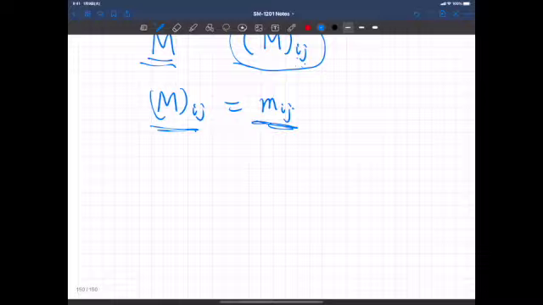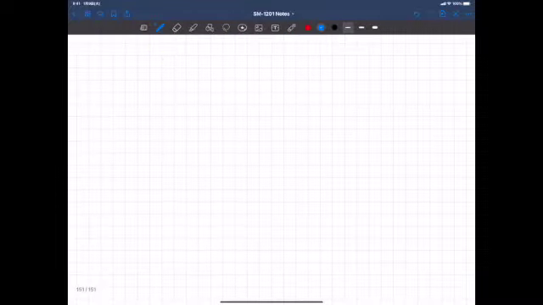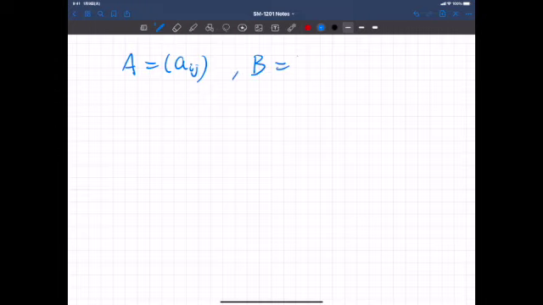Now let us define matrix addition. So suppose we have two matrices, A, which is Aij, and B, which is Bij. And both of them are of the same size, let's say n times m matrices.